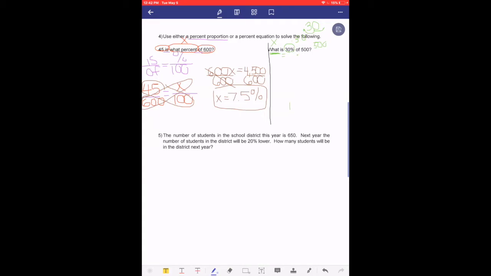So putting that all together, X equals 0.30 times 500. So now X is already by itself, so I just need to simplify 0.30 times 500. And when you do 0.30 times 500, you'll get X equals 150.